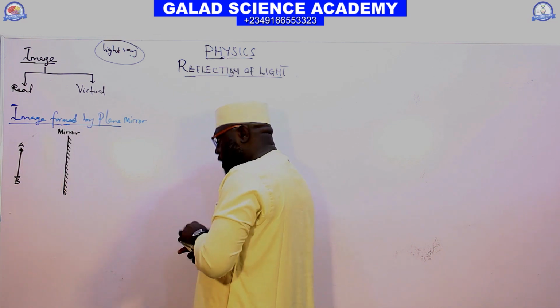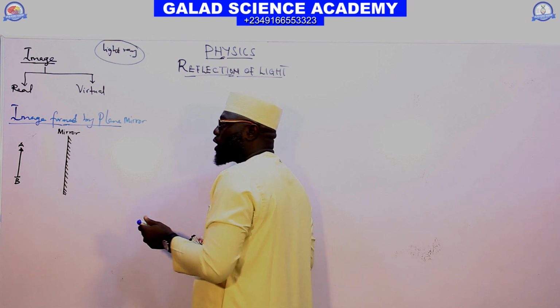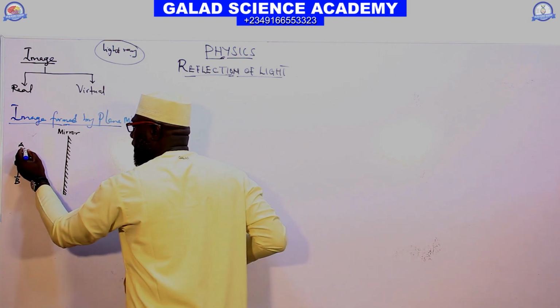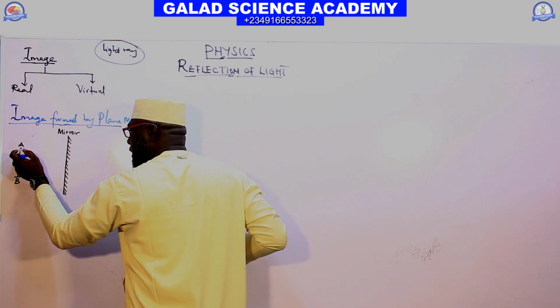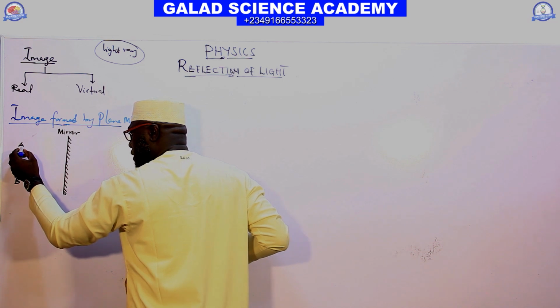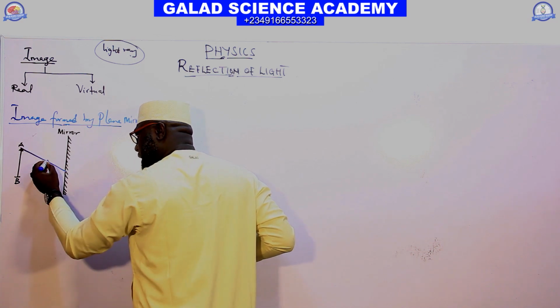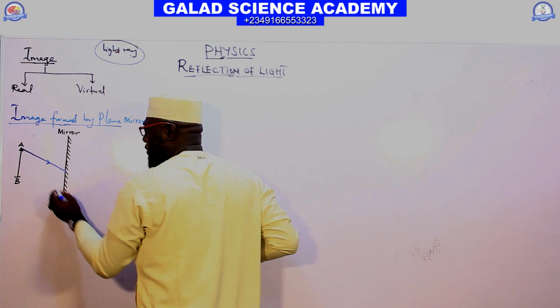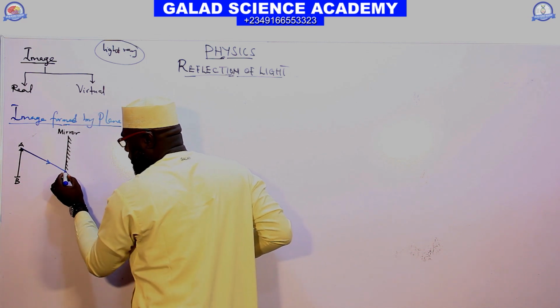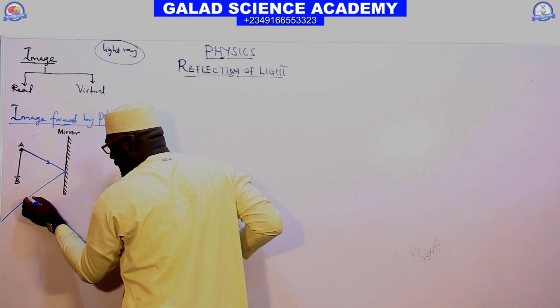To know the image formed, the first thing we do is the light ray will come from here, incident on the plane surface, and be reflected back like this.